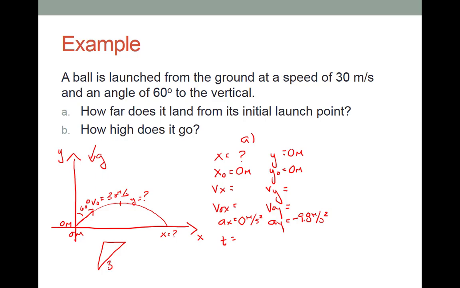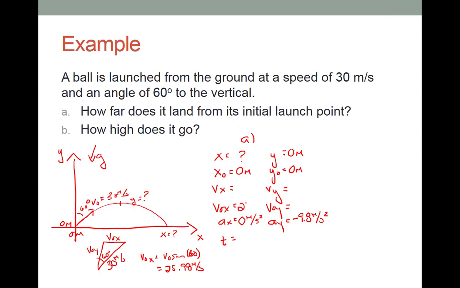We can draw our friendly triangle here. We know that this side is 30 meters per second. This is that 60 degree angle, which makes this side V naught X, this side V naught Y. So V naught X in this case is V naught sine of 60, which equals 25.98 meters per second.